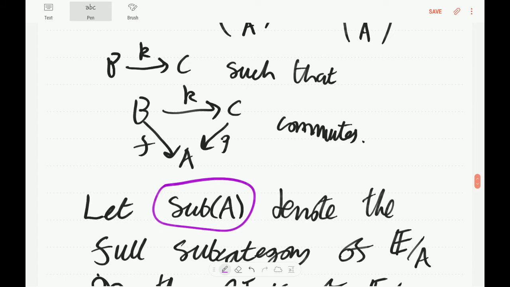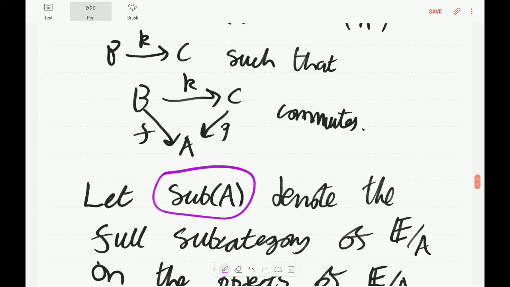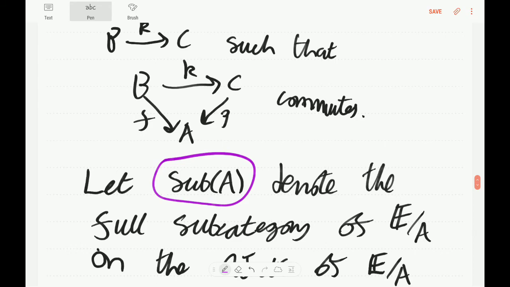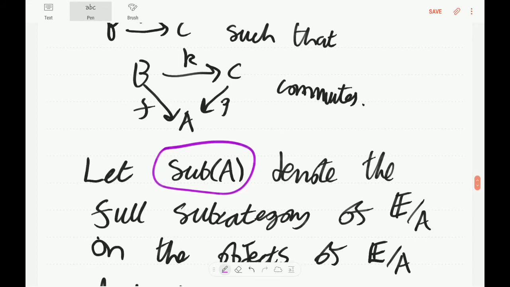Johnstone and McLarty talk about f to the -1 amongst this family of functors, including f star and sigma f, which go between E and E slice A, and they're related to stuff like exists and for all, and there are loads of adjunctions everywhere.